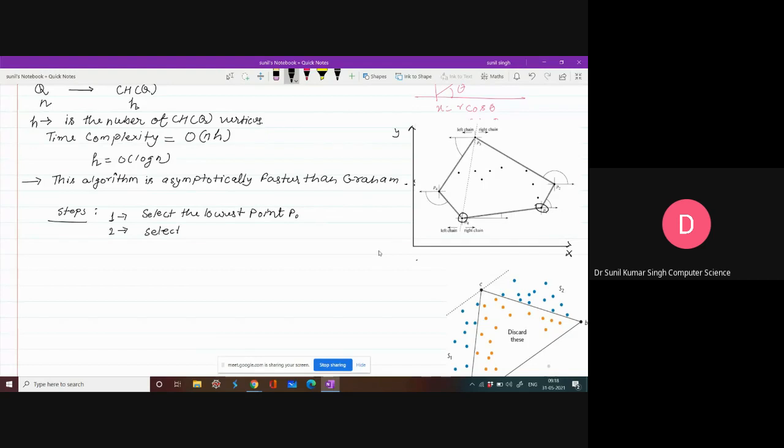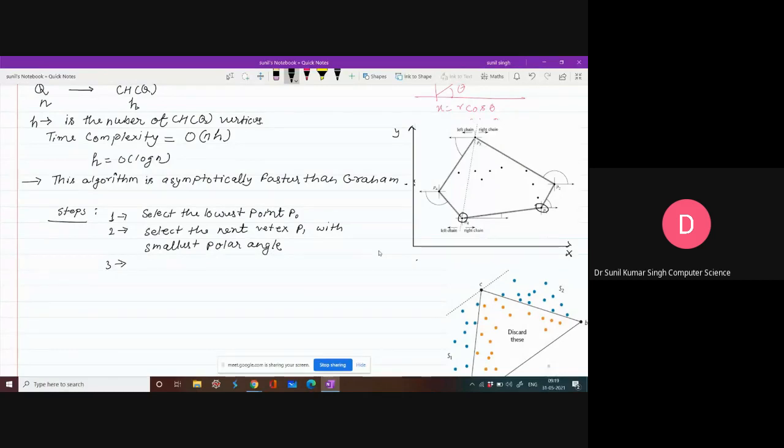So select the next vertex P1 with the smallest polar angle. Similarly, you have to repeat this step.